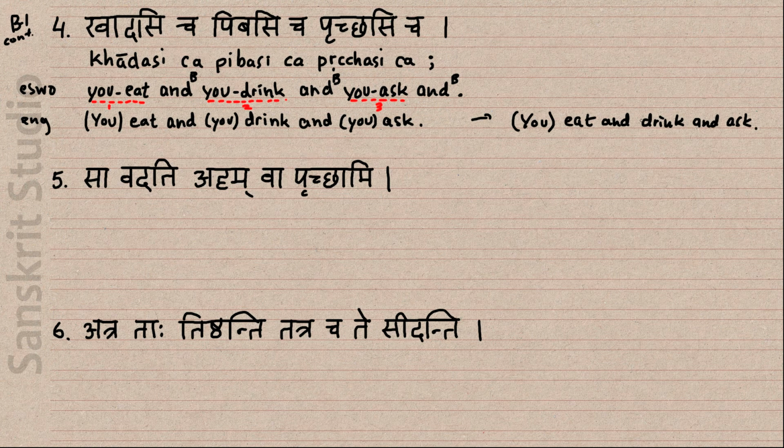Or you can put some B's here also, but that's superfluous, so that's not needed on the English line, because if you supply two ands, that will translate to three cha in the Sanskrit.